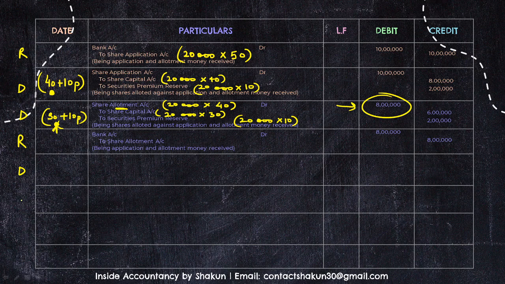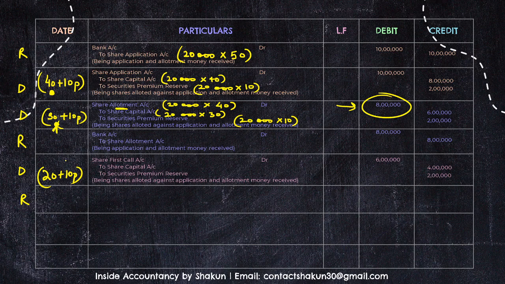Again, the due entry first and then the receive entry. Now in case of first call, it was written on first call 30 including 10 premium, so that is 20 plus 10 premium, total value is 30. So again, first will be the due entry where security premium reserve will also be shown, and second will be the receiving entry.